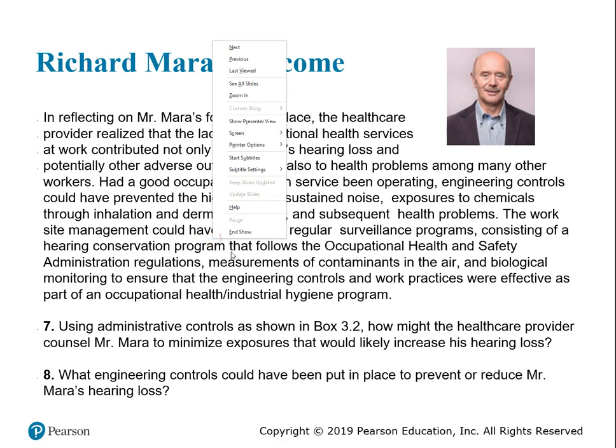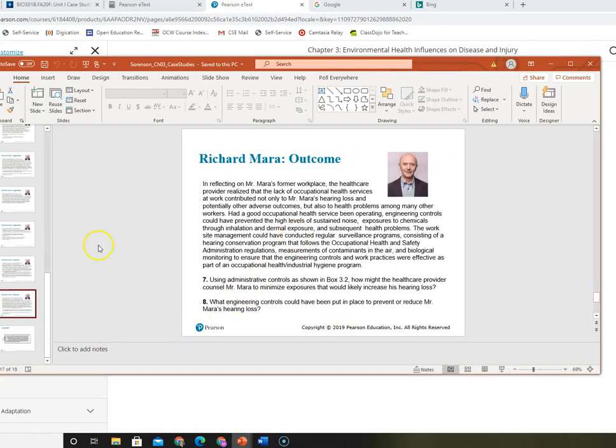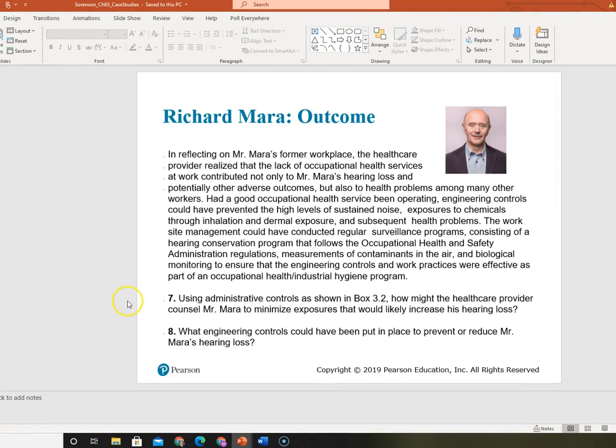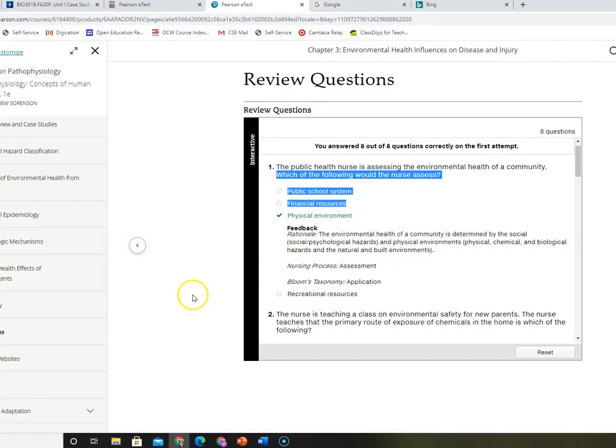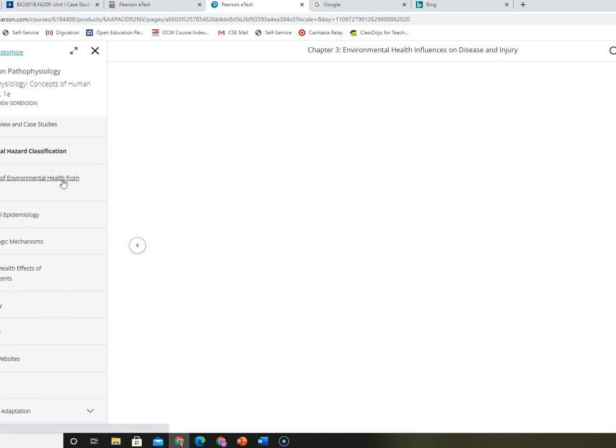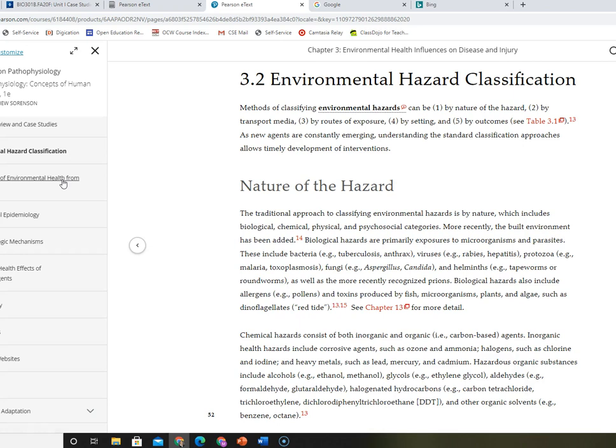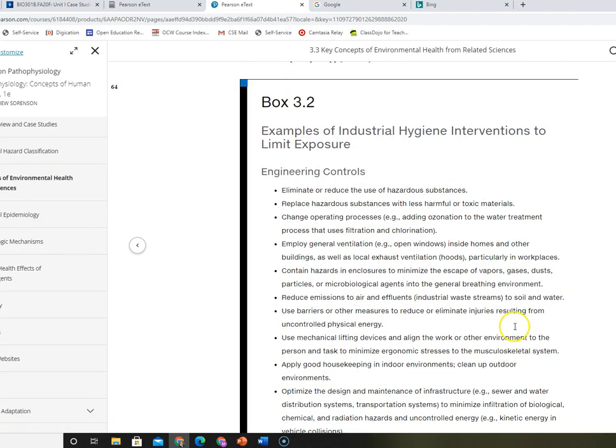All right, let me just take a look at what, I believe that's the last one. Last slide here. I'm just going to take a look real quick, just back to box 3.2, just to make sure you guys have access to that. Let me see what box 3.2 is, just in case I didn't show you guys that. I probably did, but I'm not sure exactly what they're referring to. All right, I located box 3.2.